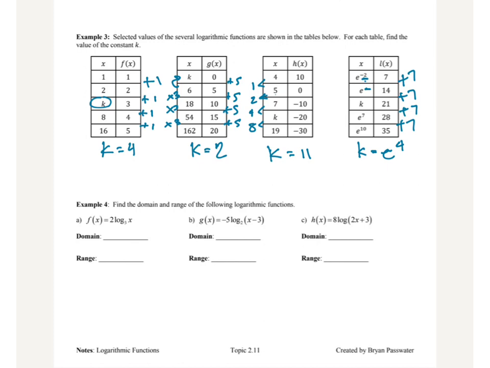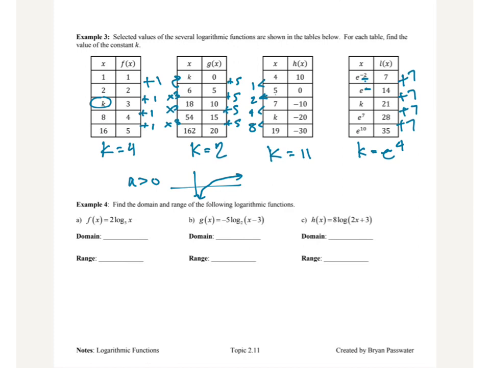All right, now we're moving on to example 4, and this is where it's really necessary for you to imagine that parent function where a is greater than 0, right? And we're looking at it like this. This is the parent function. You want to keep that visual in mind. So what's going to be the domain of f of x if that's the case?